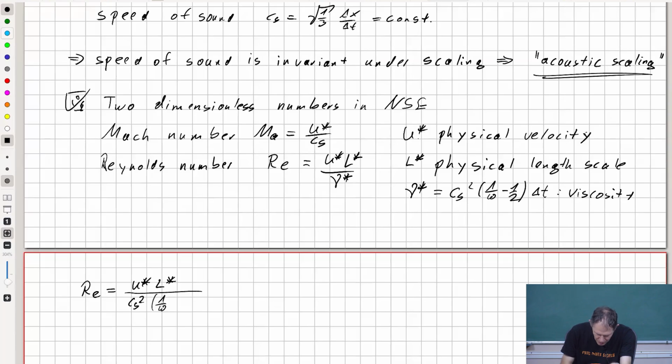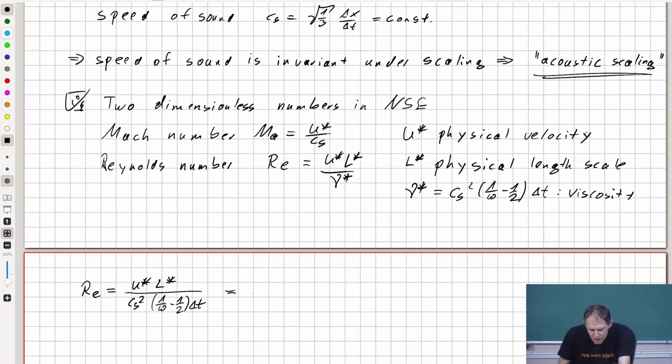So Cs square still has its units. We can actually replace this by the Mach number.